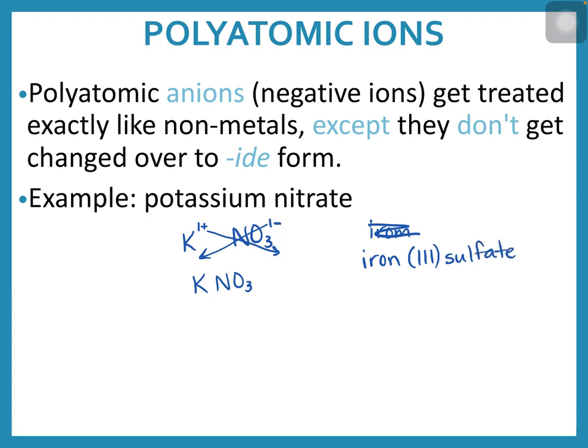So the 3 tells me that iron has a 3+ charge. Sulfate, when I look it up, is SO4 and 2-. So as I do my crisscross here, iron gets a 2. I only have 1 iron.